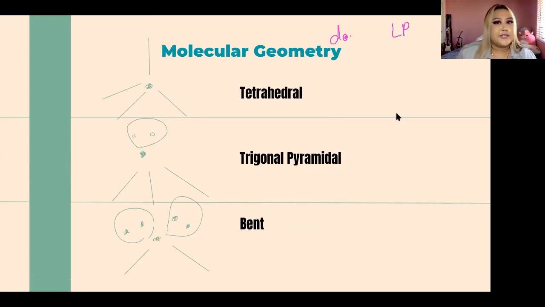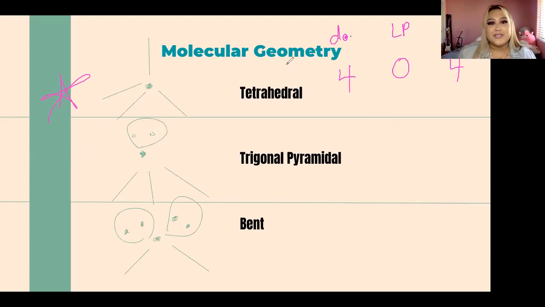Okay, so tetrahedral, how many domains? 4, correct. Lone pairs? 0, and then bonded pairs? 4, yeah, correct. So it seems that Caitlin was correct. It is tetrahedral because it has the 4 bonded pairs.